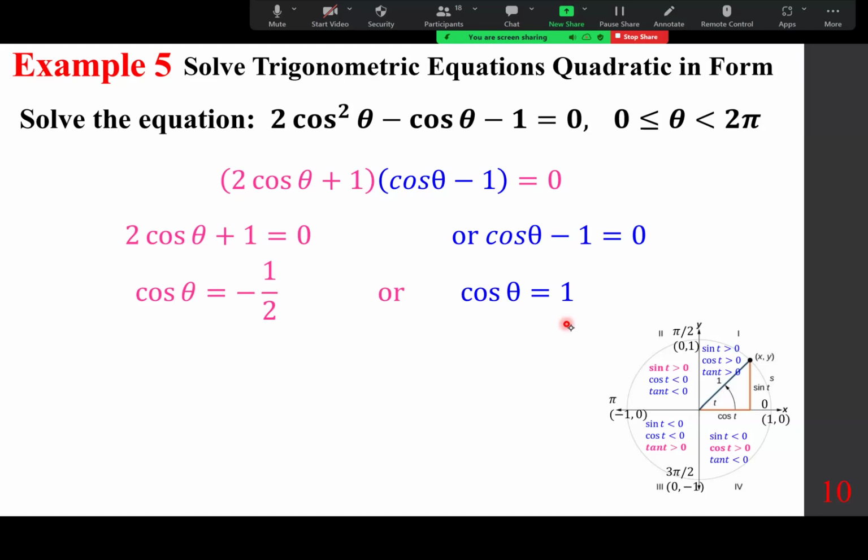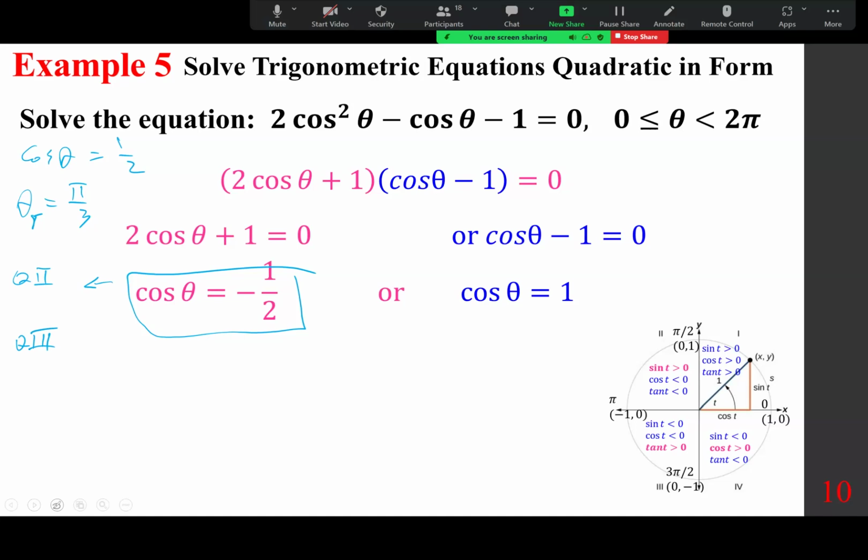This one just has one answer, 0. Cosine 0 is 1. And remember, first, again, let's go with the reference arc and 1/2. I want to make sure that we understand how we handle this one. So assume cosine is positive 1/2 and theta becomes pi over 3, or better yet, theta sub arc, the reference arc. But cosine is negative in the second quadrant and in the third quadrant.